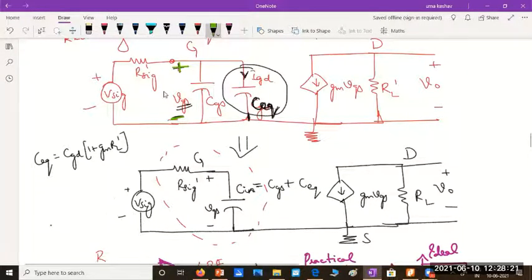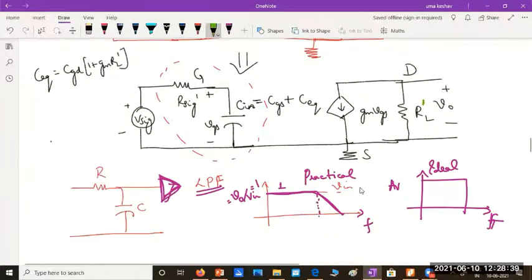I've considered V_sig and R_sig dash, and here these two capacitors in parallel could be added as the input capacitance, which is C_GS plus C equivalent. On the output side, as usual, we have g_m V_GS in parallel with the resistance R_L dash.